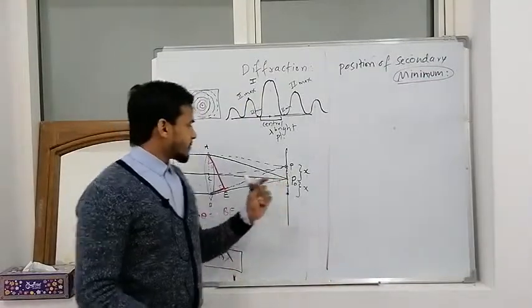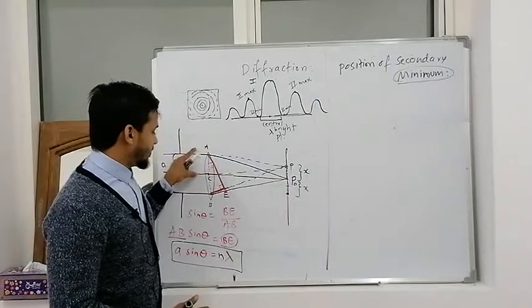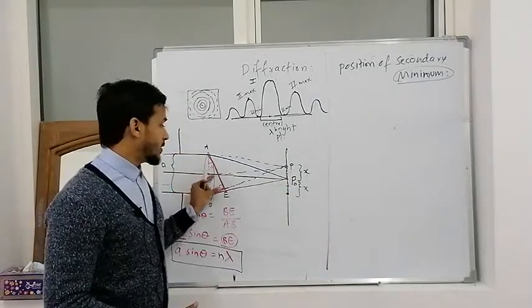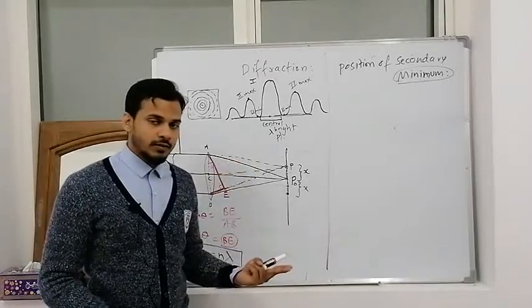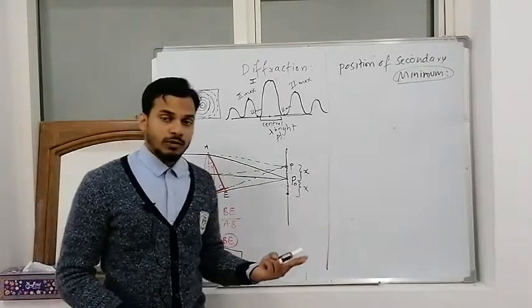Here the secondary waves are coming from half part AC and half part CB that have the path difference of lambda by 2 and lambda by 2. Understand? Lambda by 2 plus lambda by 2, how much is it? 1 lambda.